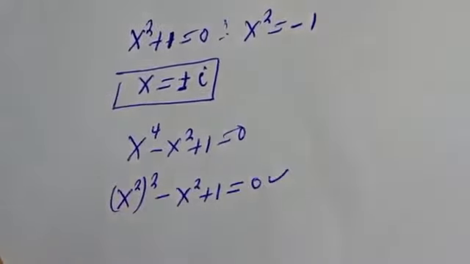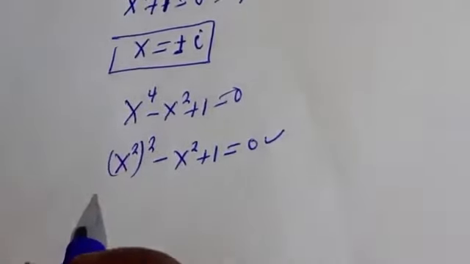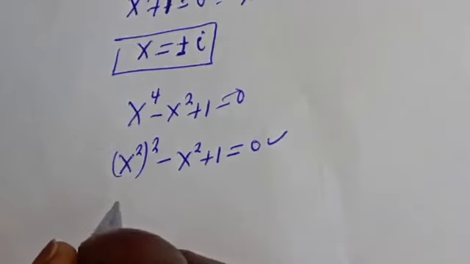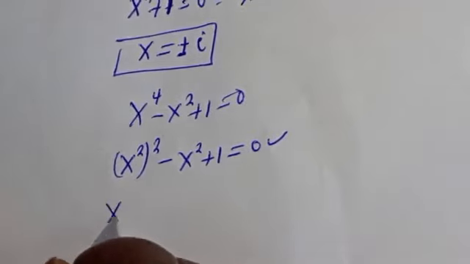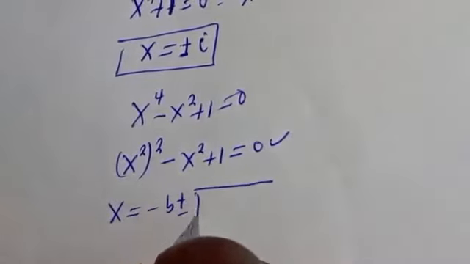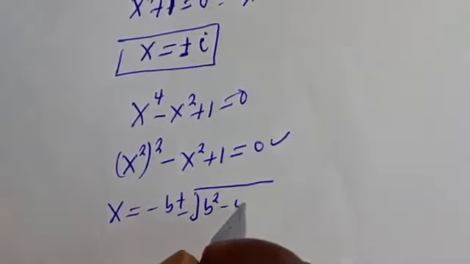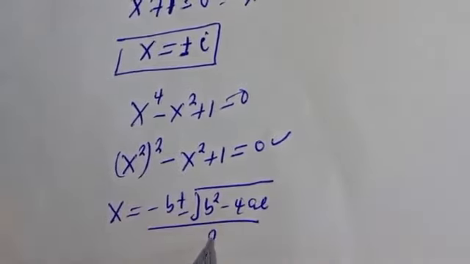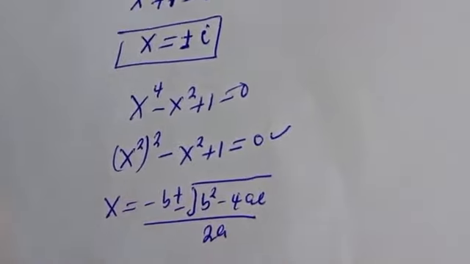This is a quadratic equation which can be solved using the quadratic general formula as well. And the quadratic general formula is given as s is equal to minus b plus or minus square root of b squared minus 4ac over 2a.